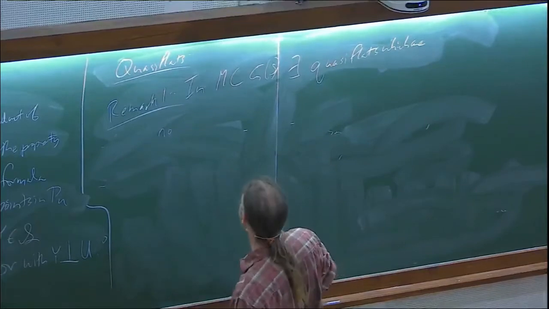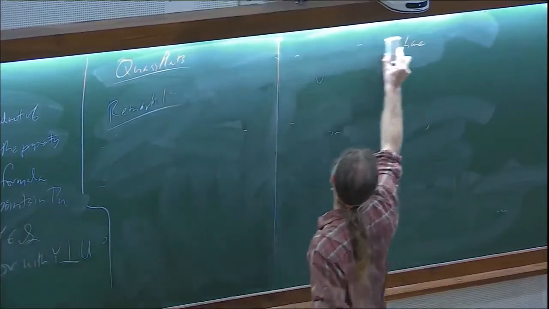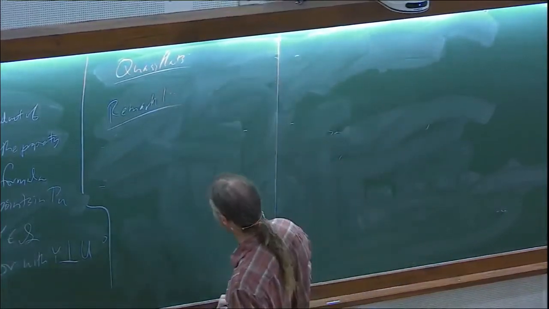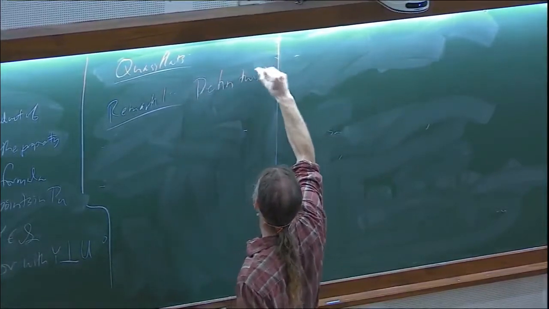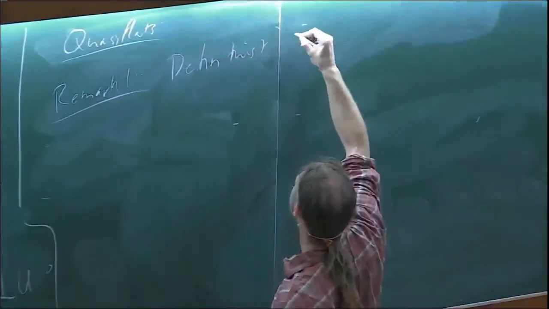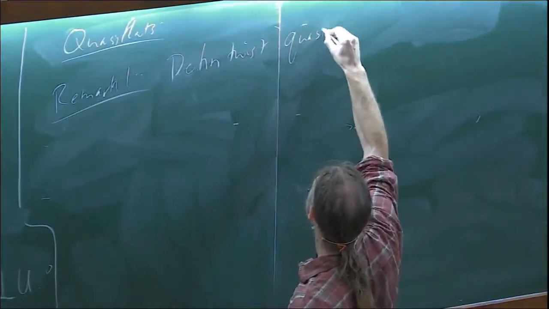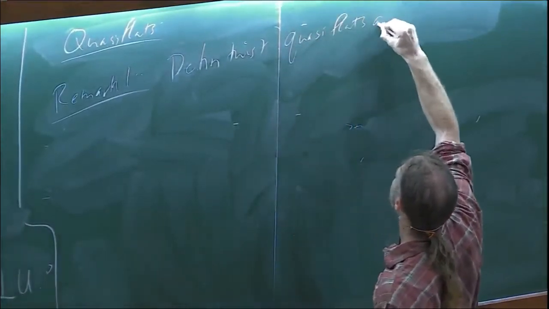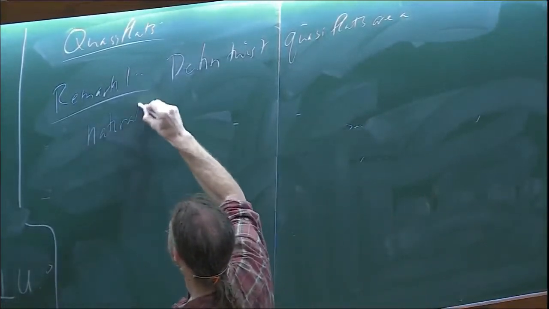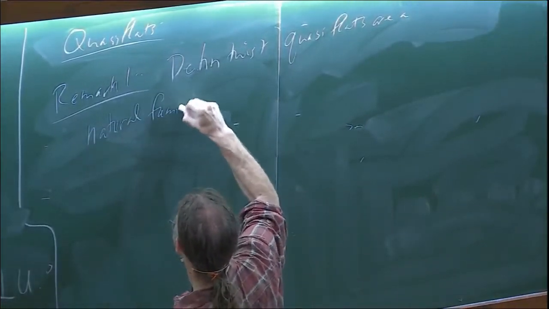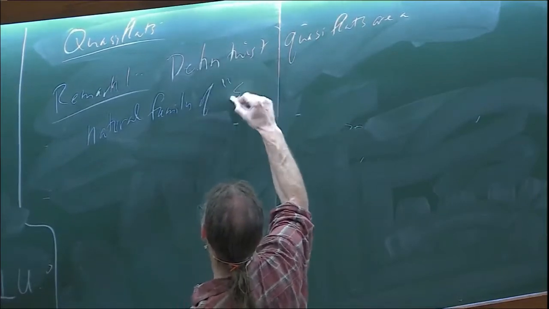Well, okay, sorry, let me start with this. So Dehn twist quasi-flats are a natural guess, or a natural family of standard flats.